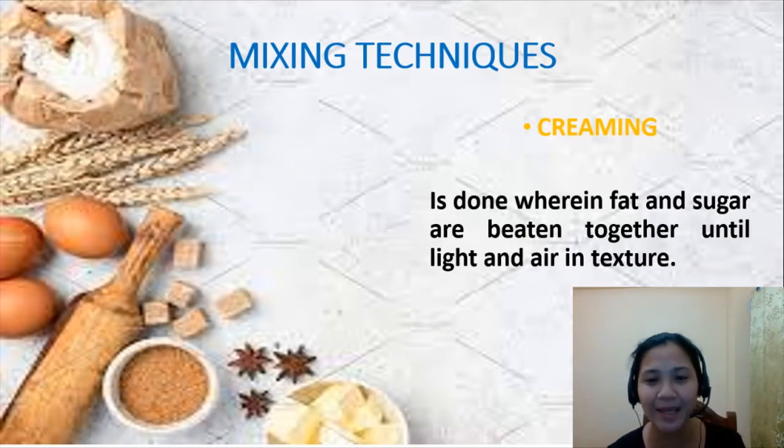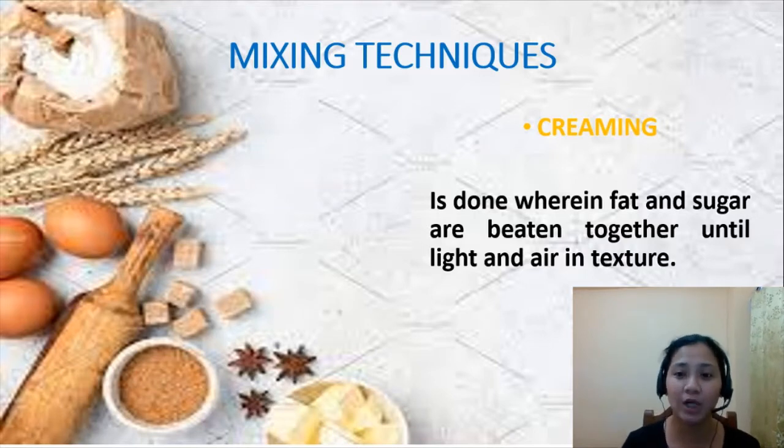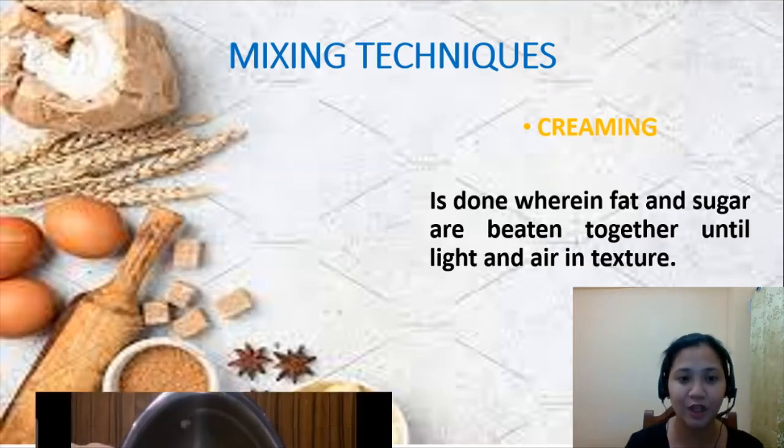Next technique is creaming. So what is creaming? Creaming is done wherein fat and sugar are beaten together until light and airy in texture. Fat, for example, is butter. Let's watch how the creaming has to be done.